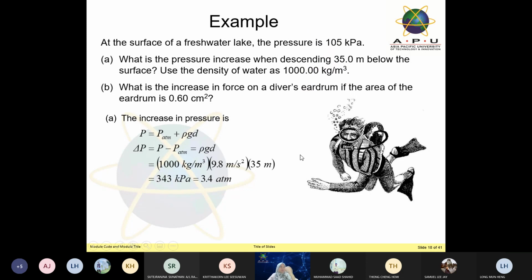Okay, so you will get 3.43. This one already is P minus P ATM, 343 kilopascal. Okay. If you don't want to put all the units during the calculation, it is okay. You can put it in the last final answer only.